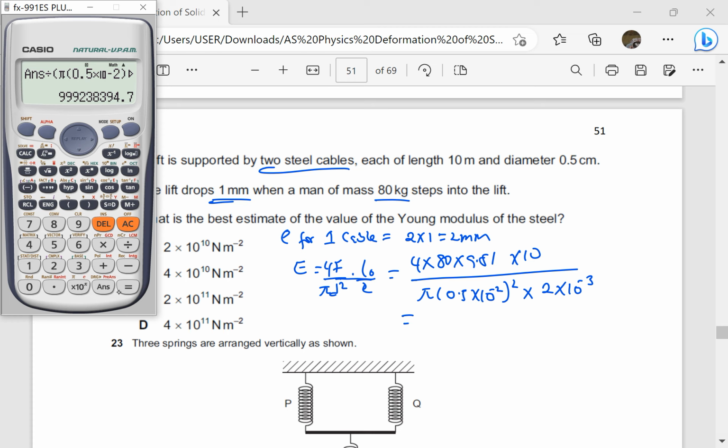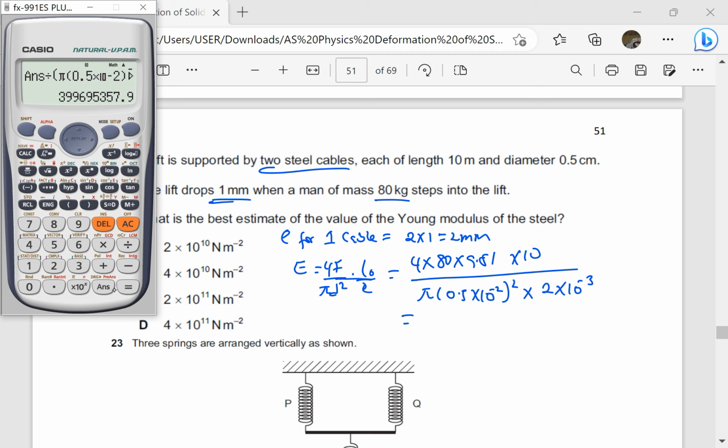So I'm finding, did I press this correctly? 4 times 80 times 9.81 times 10 divided by pi into 0.5 exponent negative 2, but this is squared.